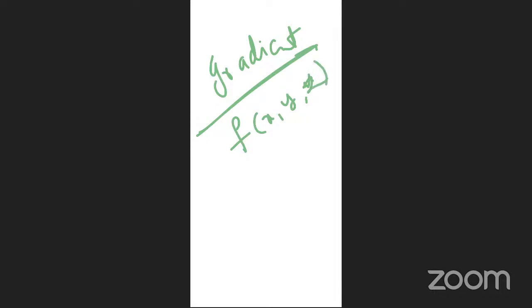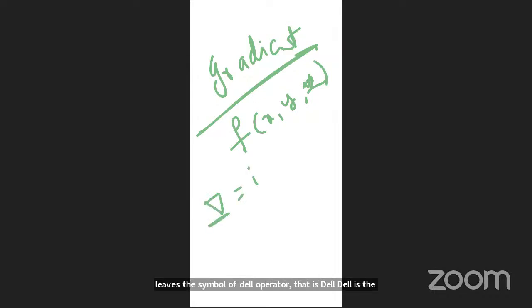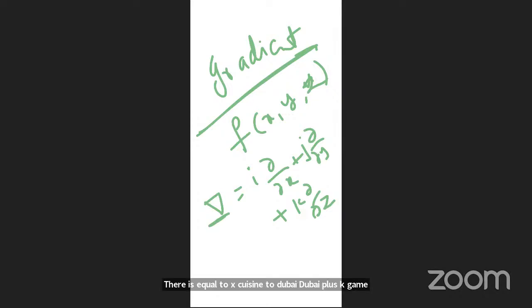Then this is the gradient of f. What is del? Del is the symbol of the del operator. Del is equal to i into dou by dou x plus j into dou by dou y plus k into dou by dou z. This is the del operator formula.